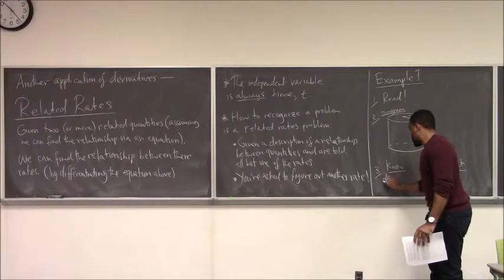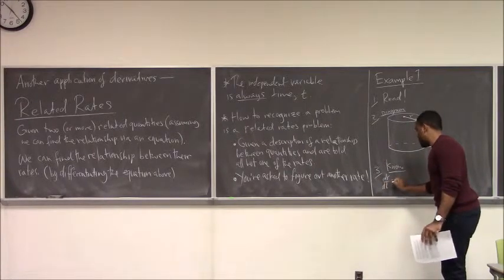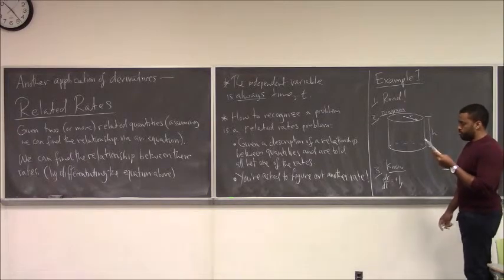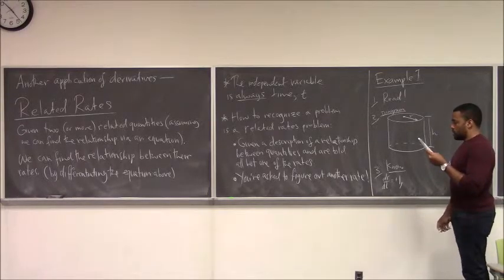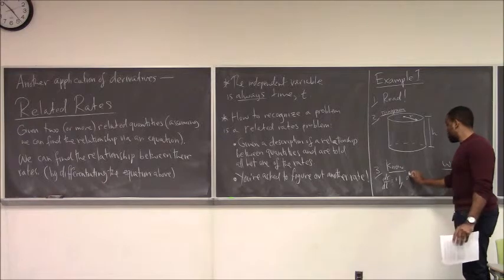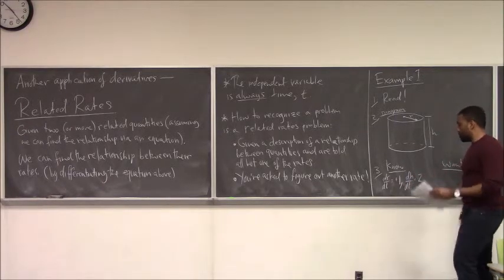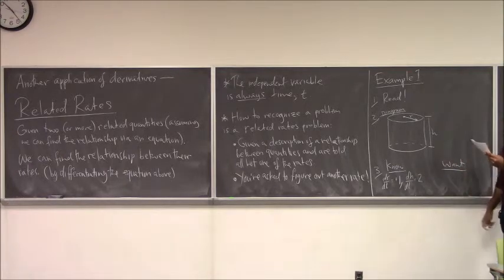This means the rate of change of r with respect to t is positive 1 because it's increasing. And the height is increasing at the rate of 2. So I know the rate of change of h with respect to t is positive 2. What do I want? How fast is the volume changing? So the volume is big V. And I want to know that when r is 1 and h is 3.